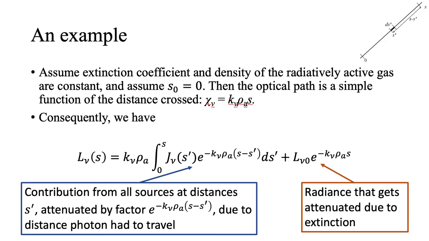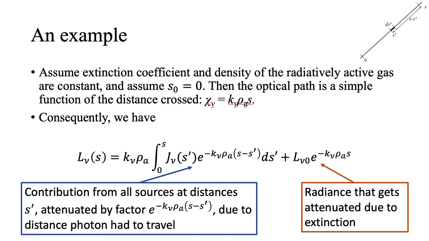Now, a very simple case, well, not really a solution, is a case in which your medium is uniform, and the extinction coefficient and the density of the material don't depend upon the particular point of the medium where you are.